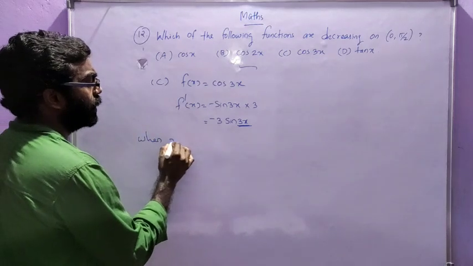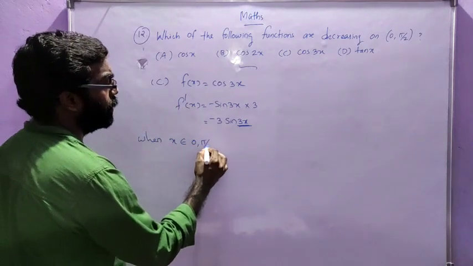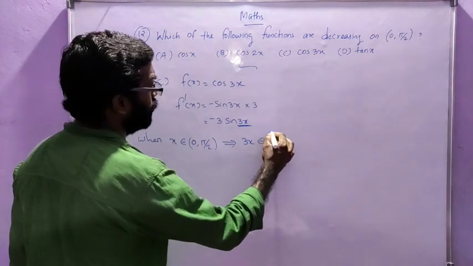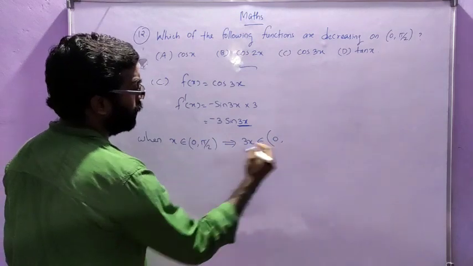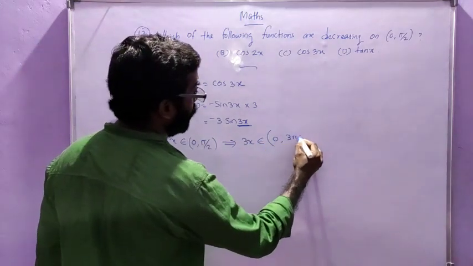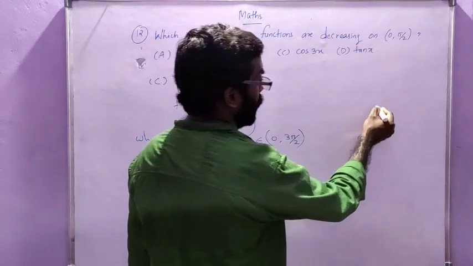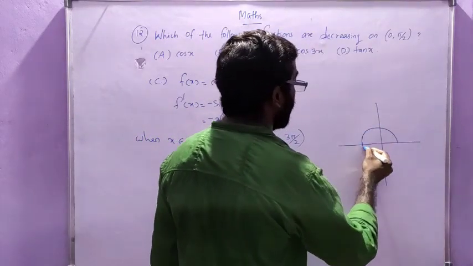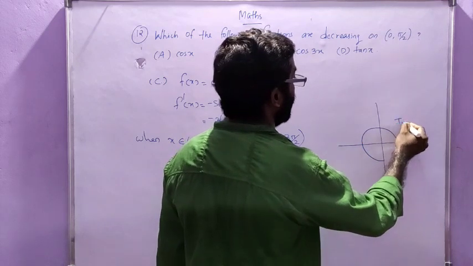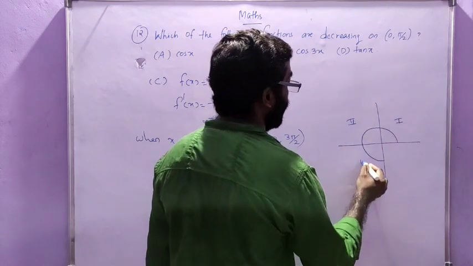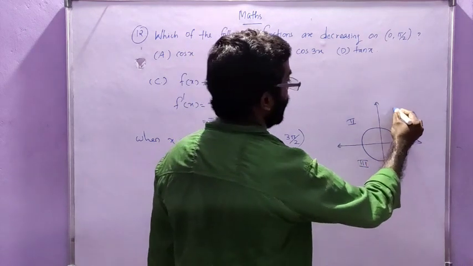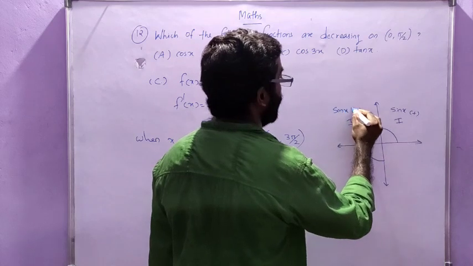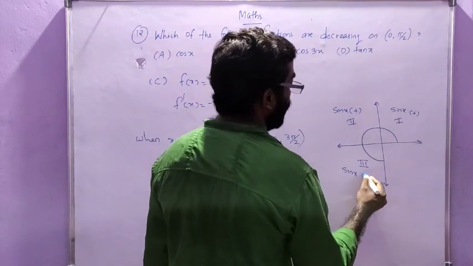So when x belongs to 0 comma pi by 2 implies 3x belongs to 3 into 0 is 0, 3 into pi by 2 is 3 pi by 2. 0 to 3 pi by 2 means the angle is in the first, second or third quadrant. As we know, in the first quadrant sin x is positive, second quadrant sin x positive, but in the third quadrant sin x is negative.